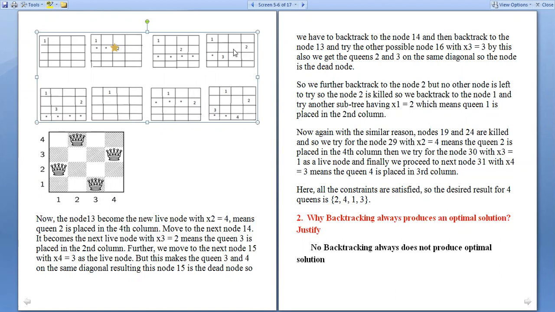If you place queen 2 here, then queen 3 in the third row, second column will be attacked diagonally. So that is why you backtrack and change the position of queen 2 to column number 4.